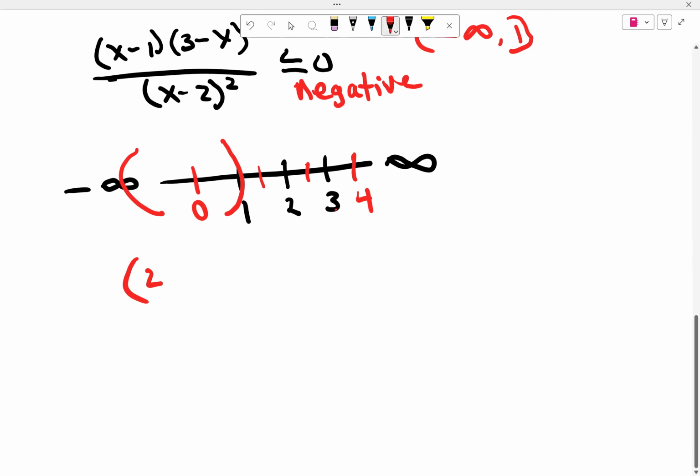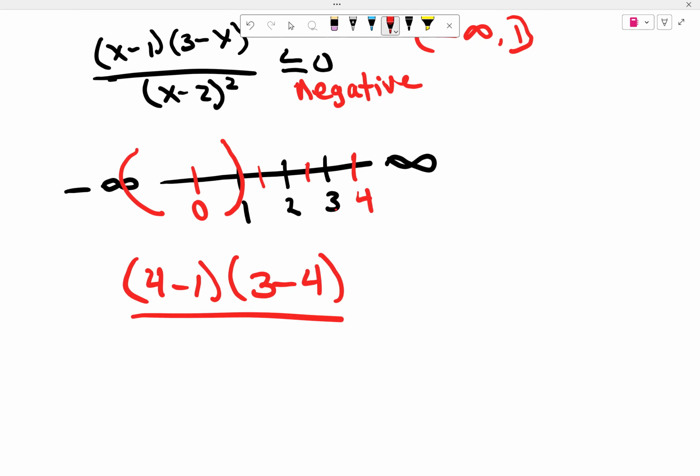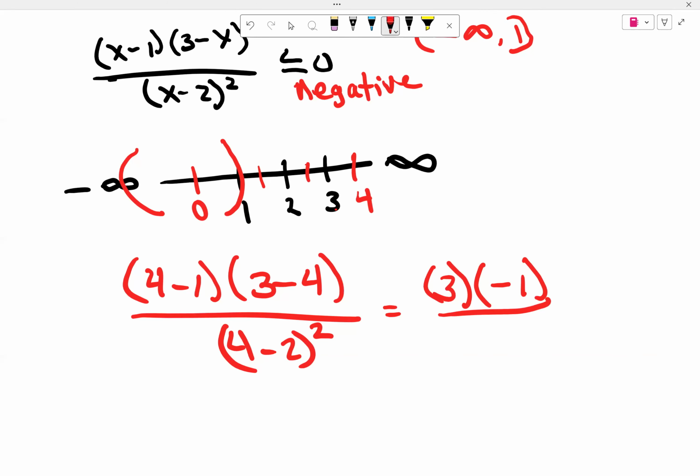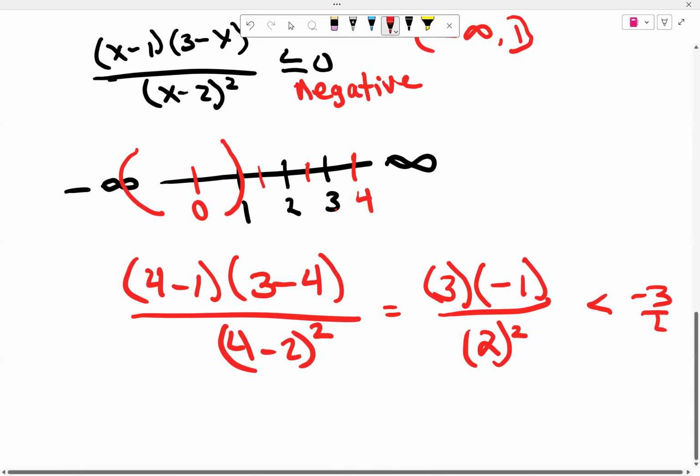So this will give me 4 minus 1 times 3 minus 4. And you notice why I jumped to the 4, because of that negative. And this is going to give me 4 minus 2 squared, which is 2 squared anyway, right? So 4 minus 1 is positive 3 times negative 1 over 2 squared. This is definitely going to be a negative number because it's going to give me negative 3 over 4.